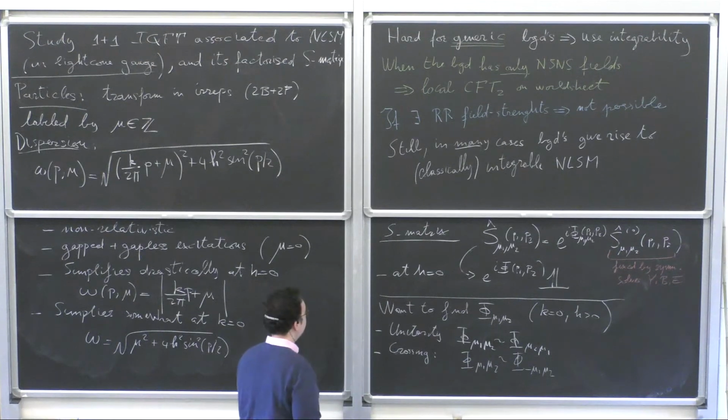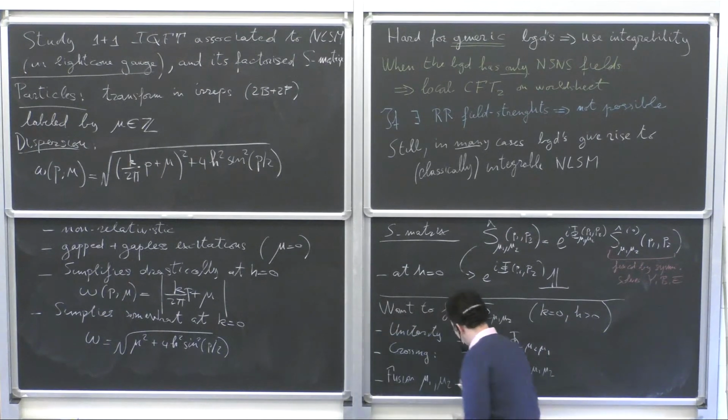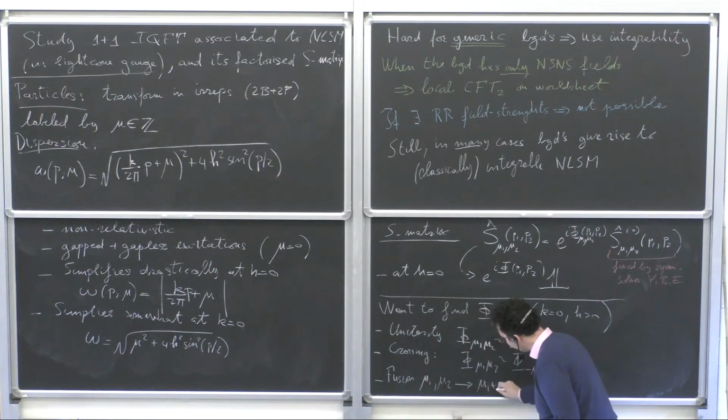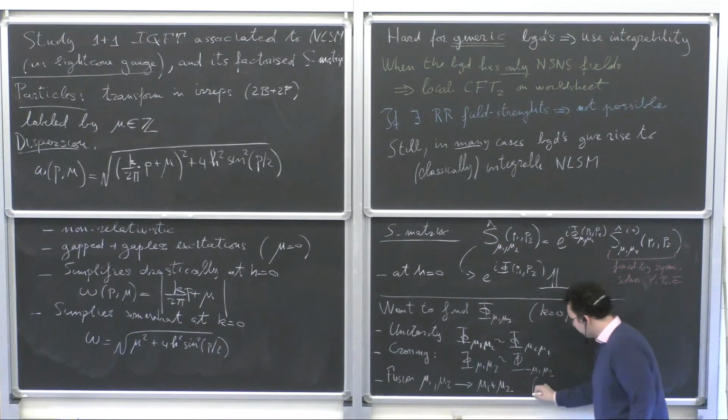I want to use fusion. I told you that some particles, for instance, if I have mu1 and mu2, I can give you a particle with mass mu1 plus mu2, for mu1 and mu2 either both positive or both negative.